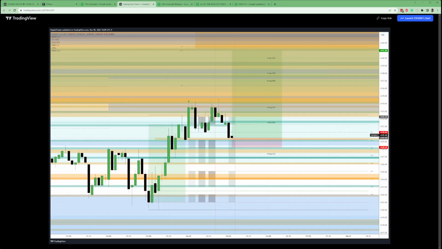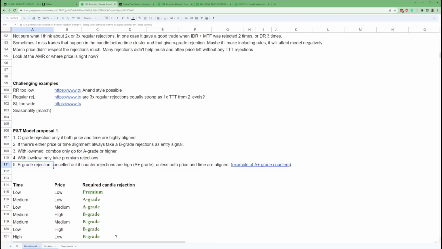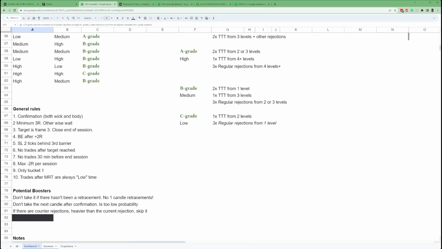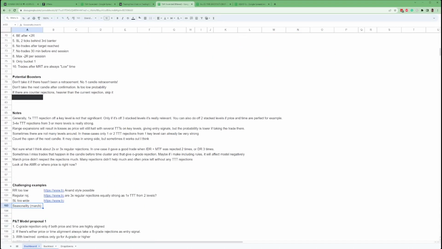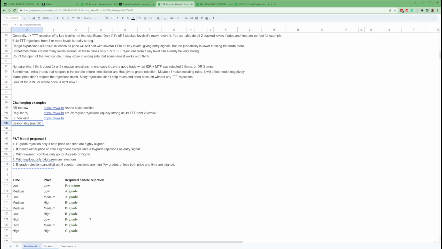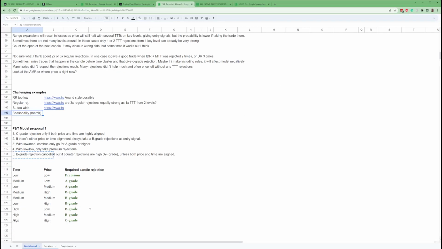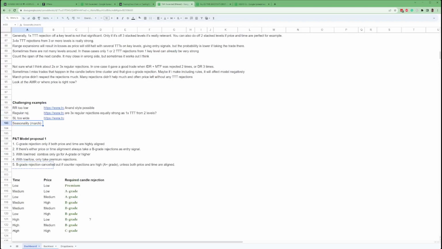And just the thing is that you kind of assess it similar to the classification of rejections themselves. And for the optimized setup that I propose, so the tweaks for the frame, is that whenever there is a B grade rejection, it is cancelled out if the counter rejections are a high grade, like A+, unless both time and price are aligned.